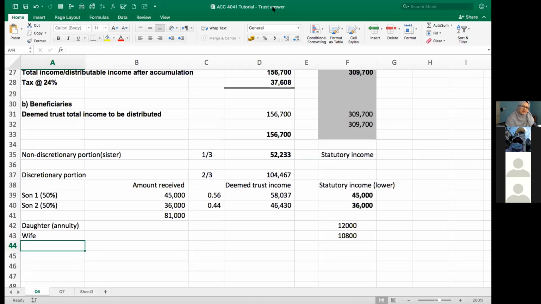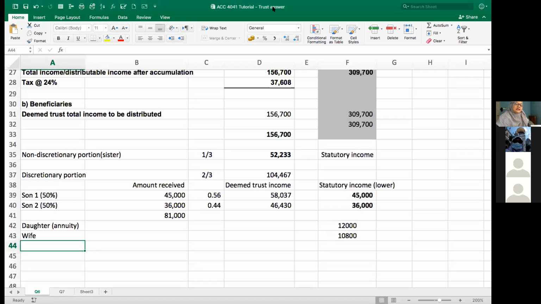Okay, not accurate, but dah dekat-dekat. 94. Lagi? Weh, you ada miss satu benda lah.